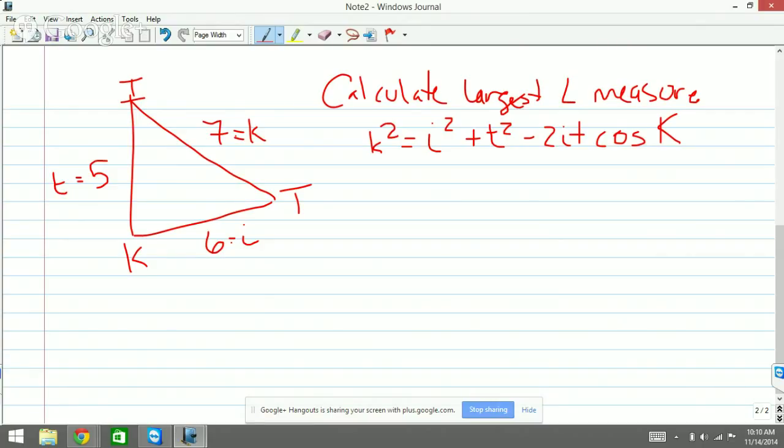So k squared is 7 squared equals 6 squared plus 5 squared minus 2 times 6 times 5 cosine K.